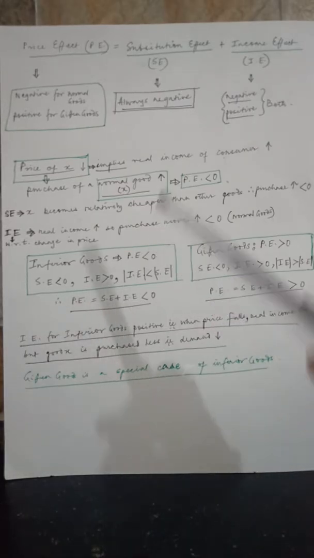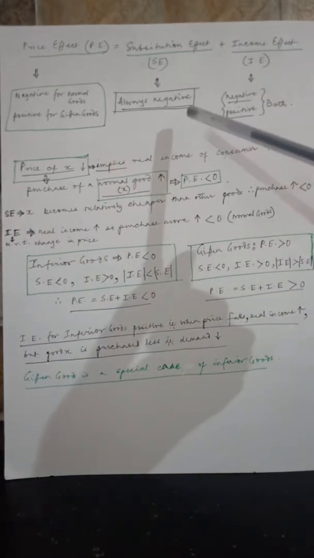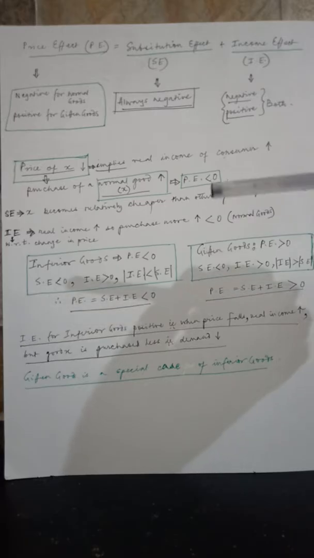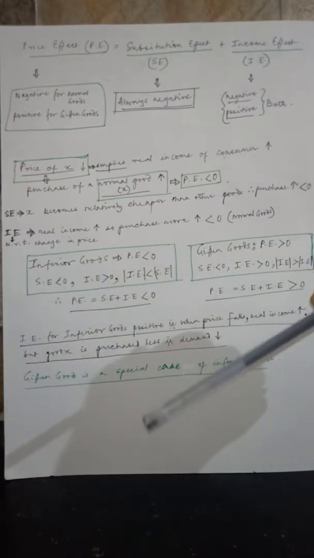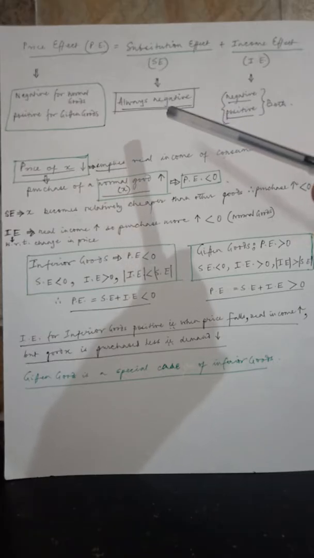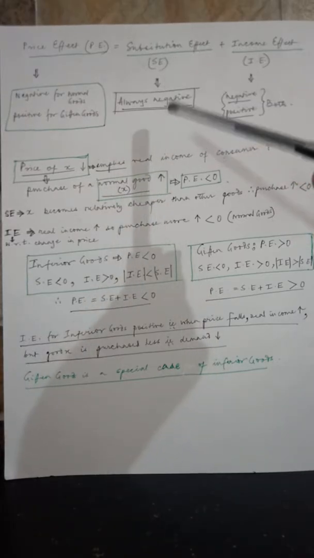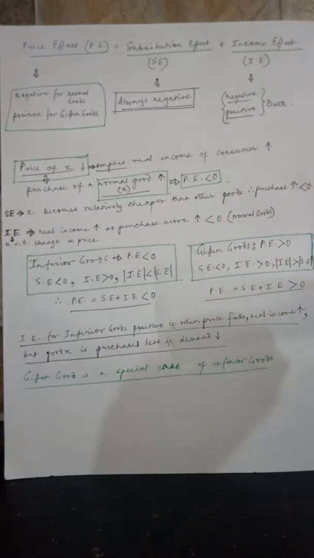So according to the substitution effect, it is negative because the price of apples has decreased and demand for apples has increased. So there's an inverse relationship. Inverse relationship means the substitution effect is negative. Inverse means negative relation. One is increasing, one is decreasing.